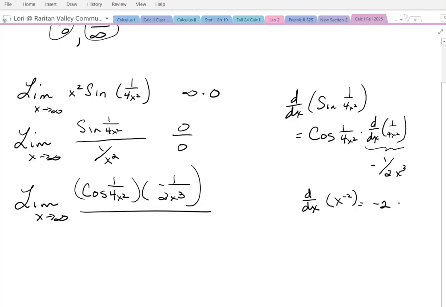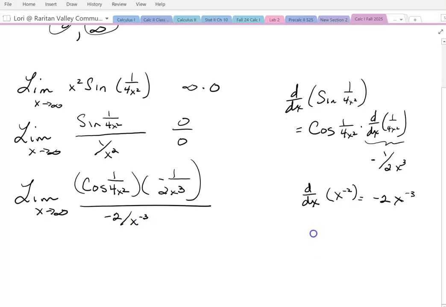So it's negative 3 over x to the negative 4.